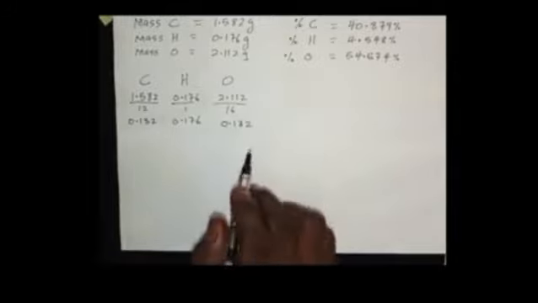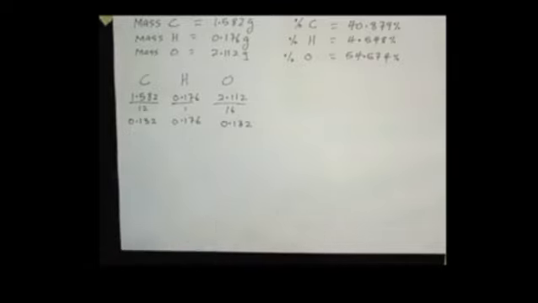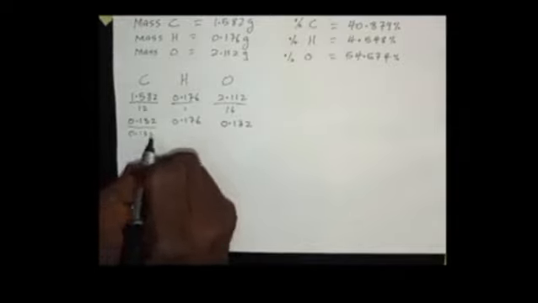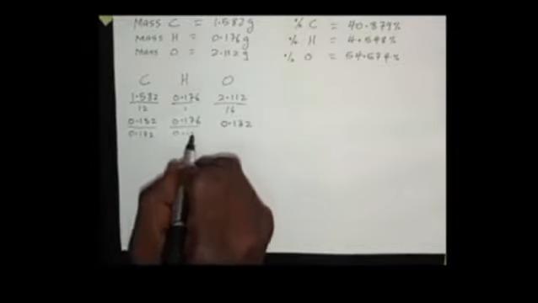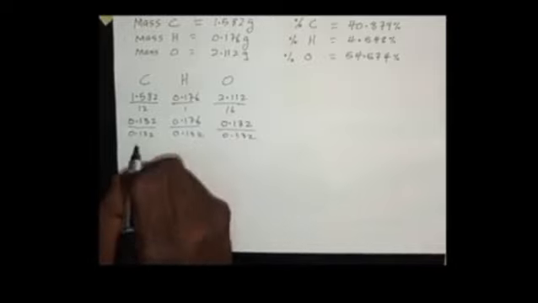Now comparing these three values, which of them is the smallest? We can see that it is 0.132. So I'm going to divide through by 0.132, and that gives me 1 for the first, and 1 for the last. Now let's try the middle value, 0.176.